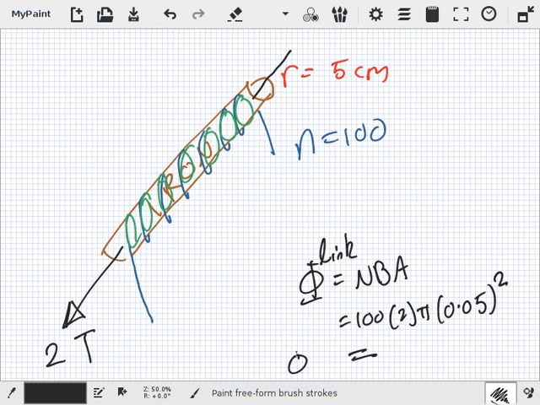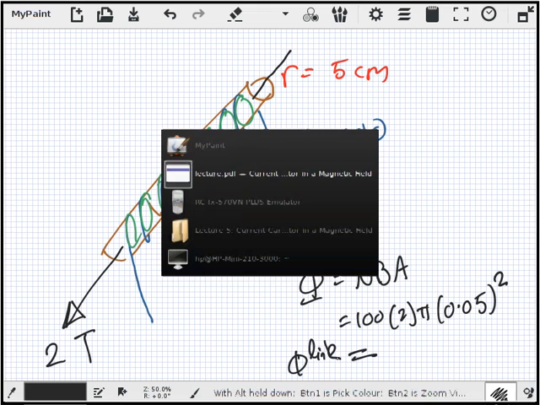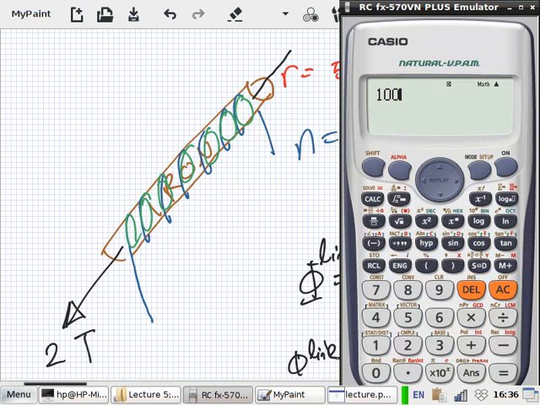So for the total linkage, it will be 100 times 2 times pi times r squared. So that's 1.57 Webers.